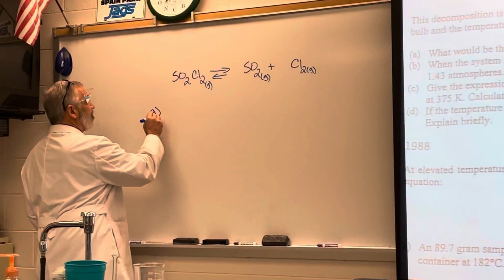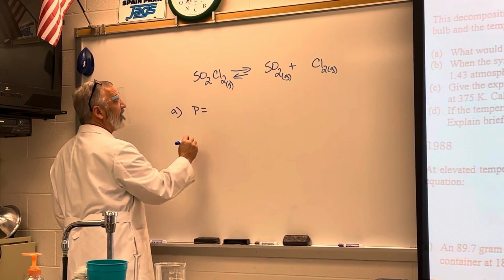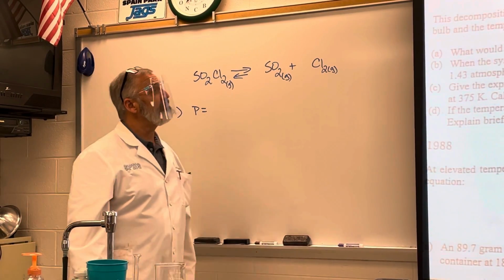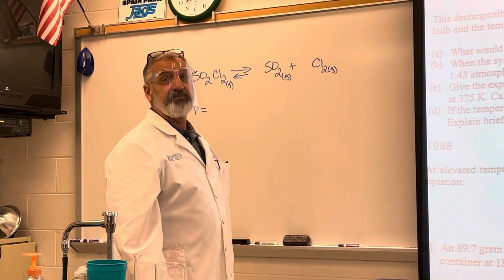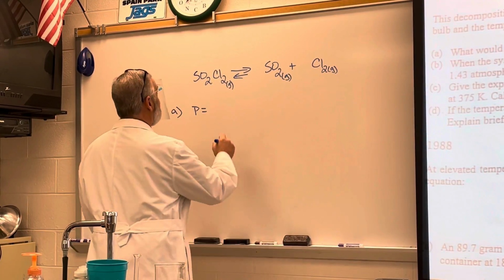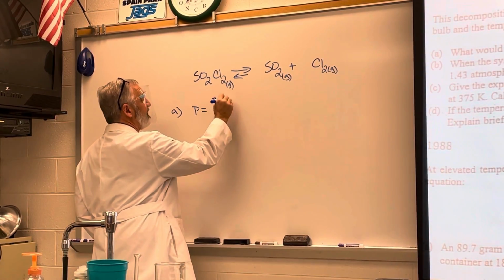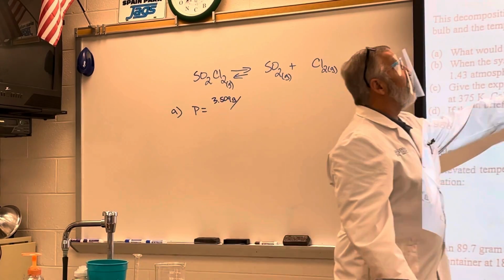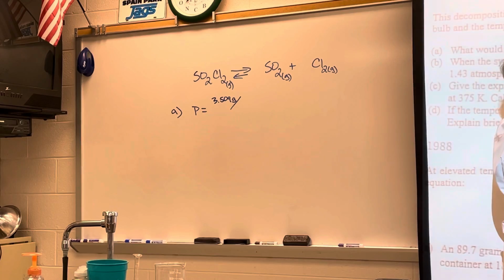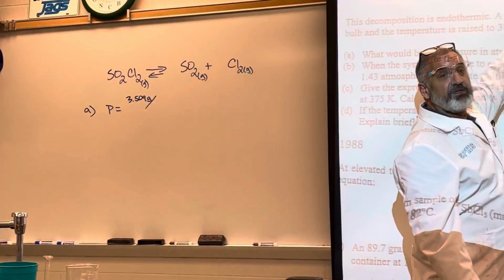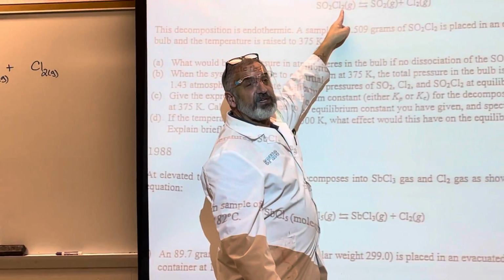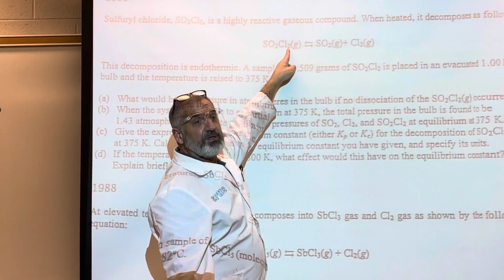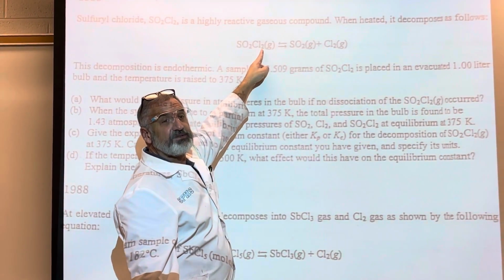So pressure is going to equal nRT over V. How do I get n? Grams over molar mass. So it's going to be 3.509 grams divided by the molar mass. Somebody add these numbers together. Well, that's 64 plus 71. 64 plus 71 is 135.